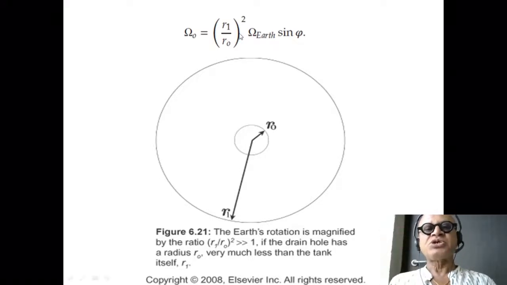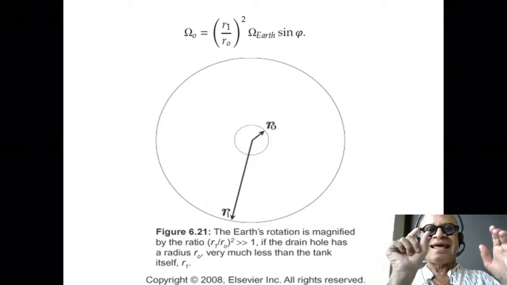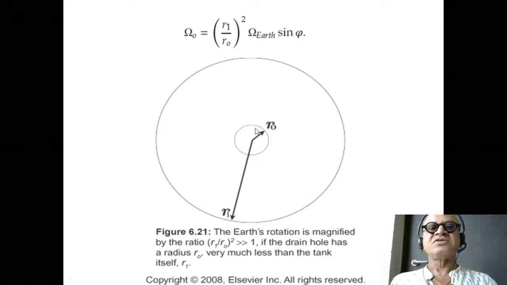Similar amplification happens on Earth as well, because as you go from the equator towards the poles and the latitudes increase, the distance from the rotational axis decreases, so you get a similar effect of R1 at the equator divided by R0 at some latitude in terms of the local omega sine phi, which is our F, right?